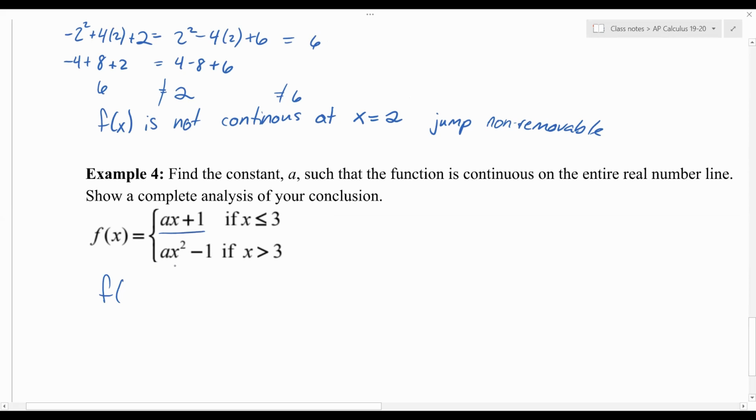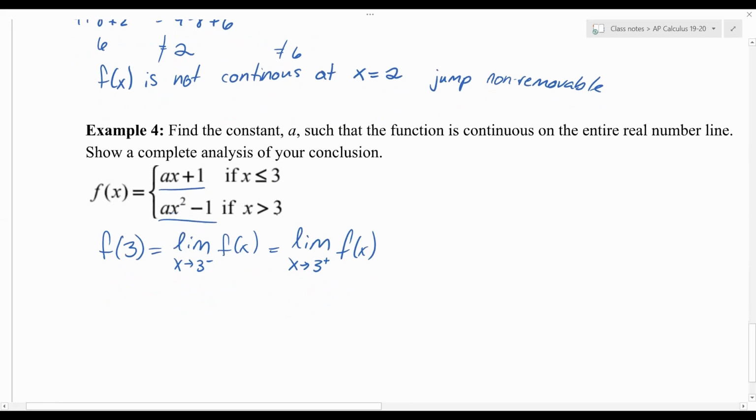Well, we have polynomials again, they're always continuous. We only need to check at 3. So the value of f at 3 must equal the limit as x approaches 3 from the left of f of x, which must equal the limit as x approaches 3 from the right of f of x.